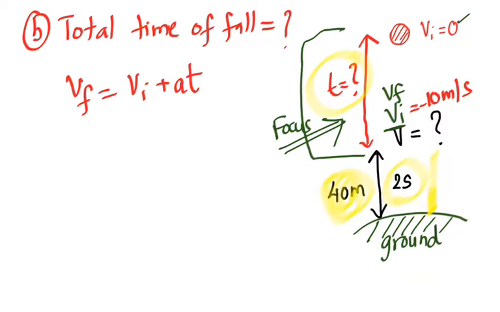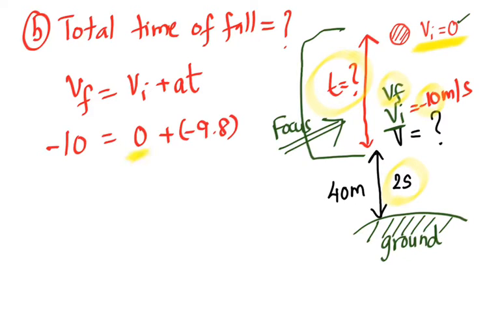But right now, we are looking at the top part, and therefore this negative 10 becomes Vf for the top part. So for the top part of the motion, Vi is 0 and Vf is negative 10.